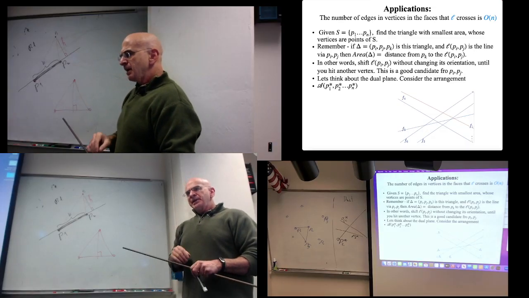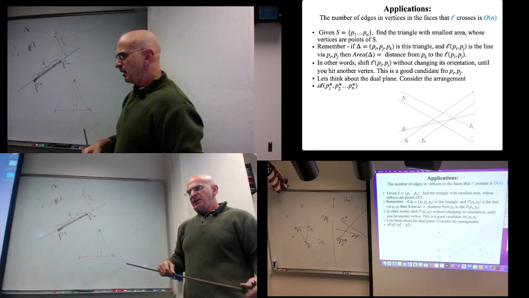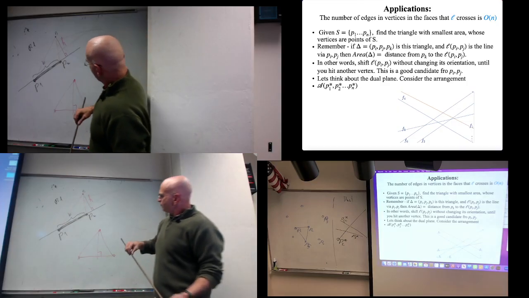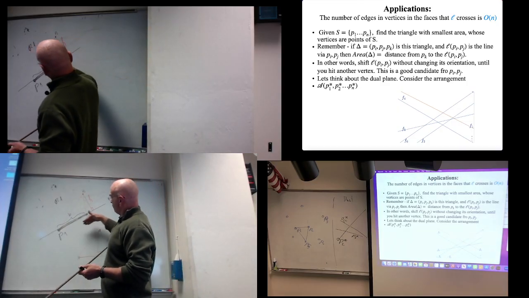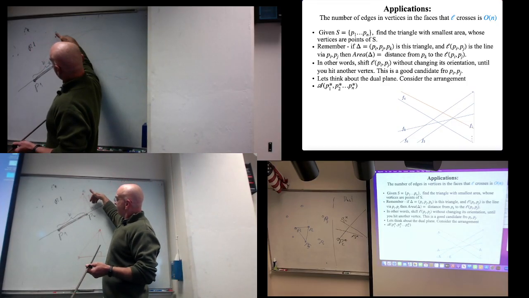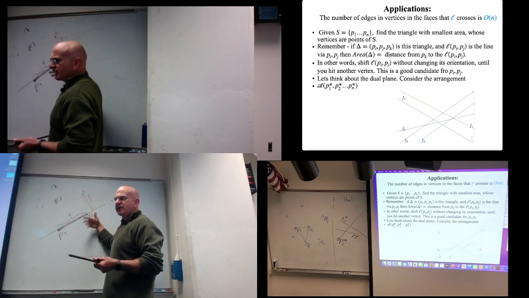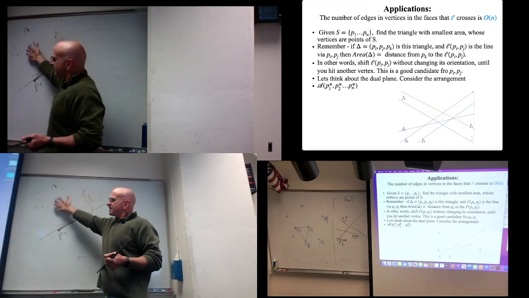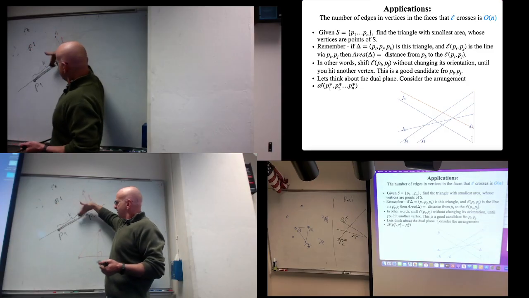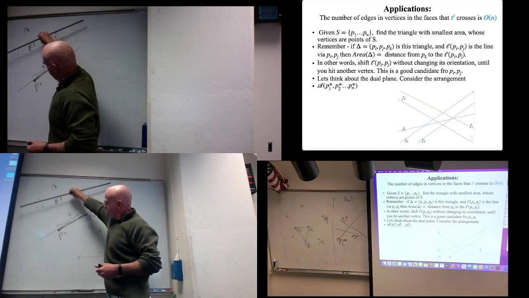And I want to argue something about this triangle. So I want to argue that if I just consider the third vertex, with P1, P2 fixed, where is the third vertex? Let's say that the third vertex is one of the points here which are above the line.